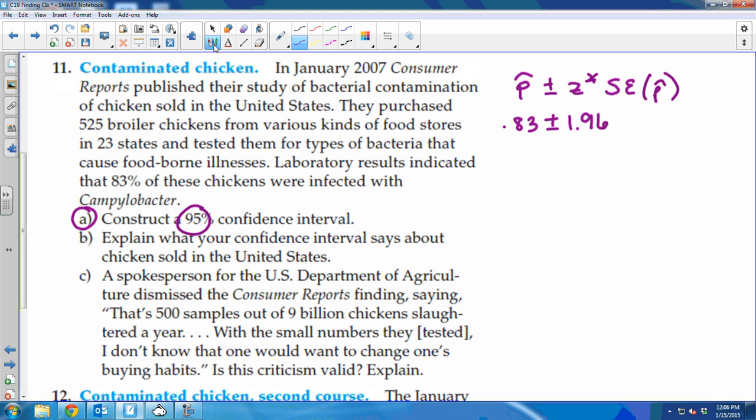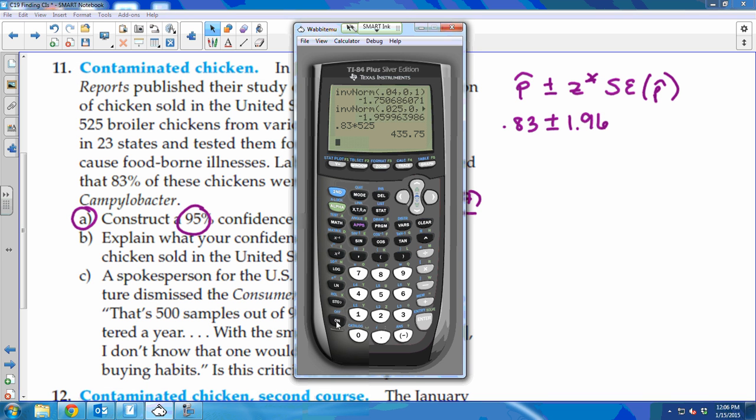And for the standard error of p hat, we've got to do some math. So we have p hat times q hat divided by n. 0.83 times 0.17 divided by 525, and I can't type in this calculator, obviously.